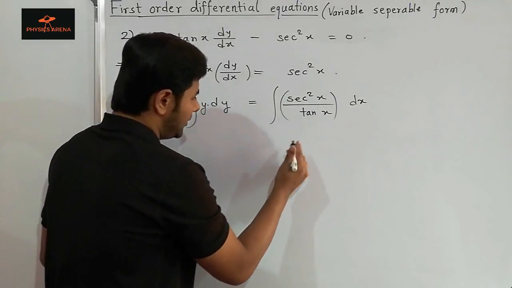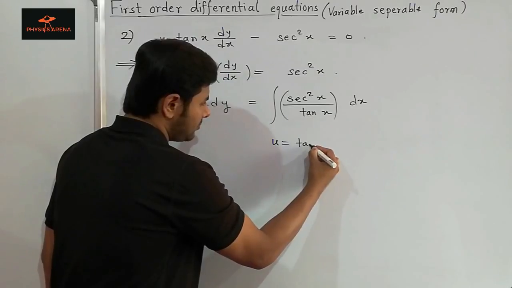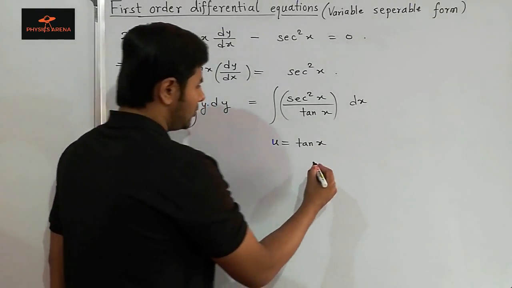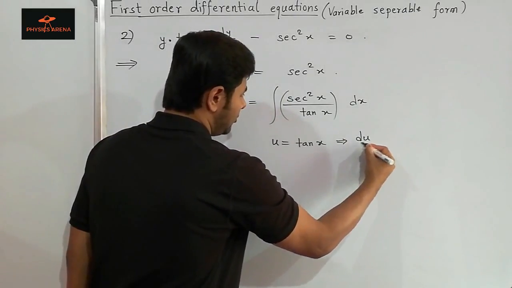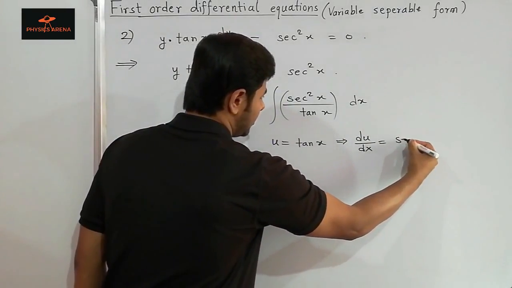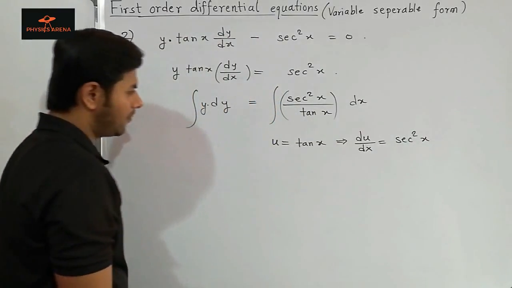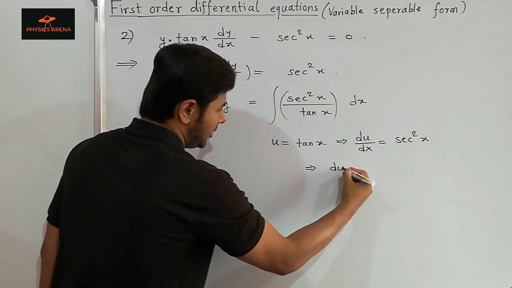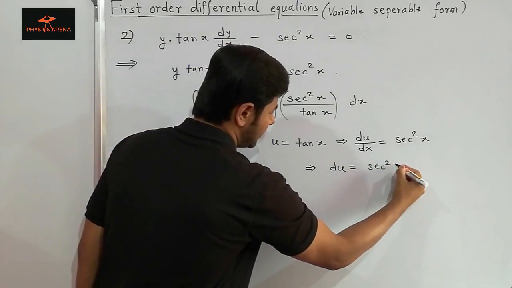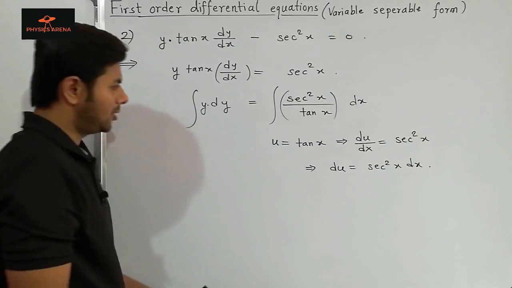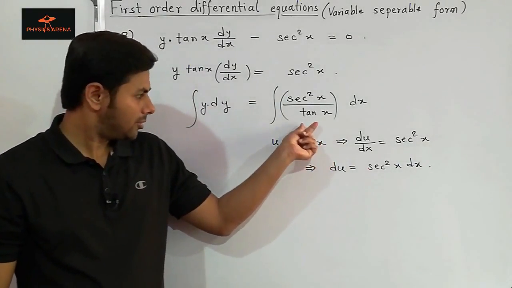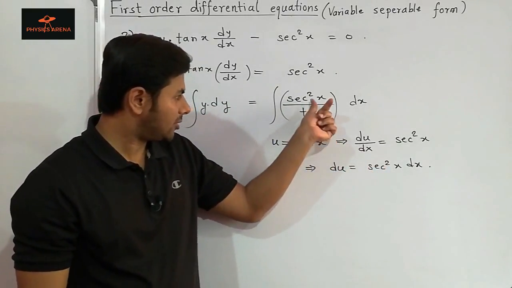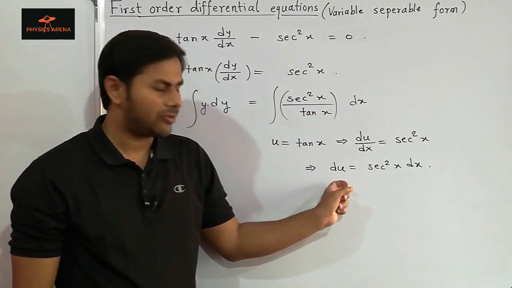So we can write u equals to tan x. Let's make this substitution. So we'll have du by dx equals to sec square x, which implies du equals to sec square x dx. So let's substitute u in place of this tan x, and in place of sec square x dx we have du.